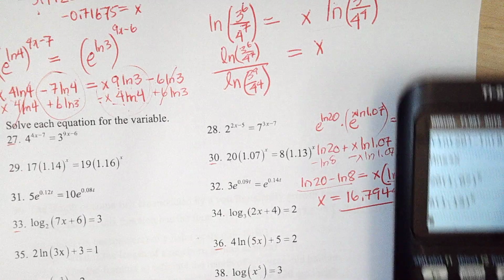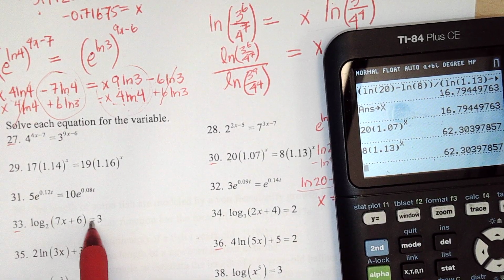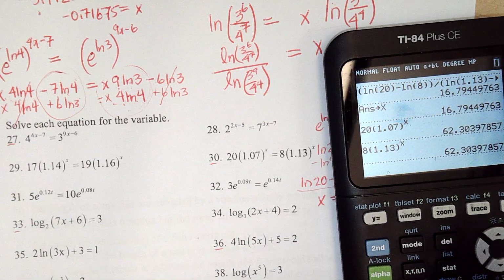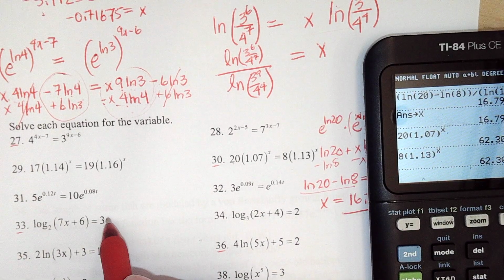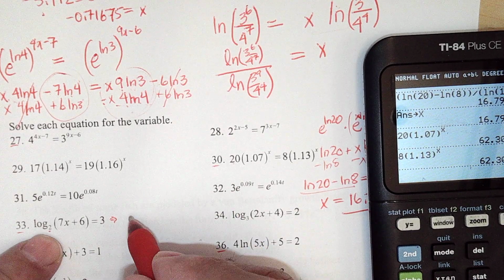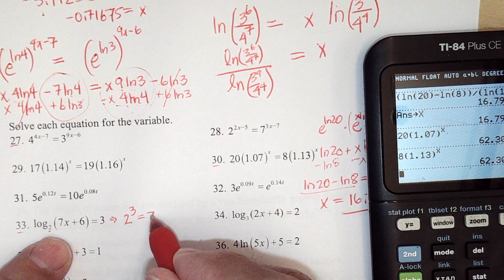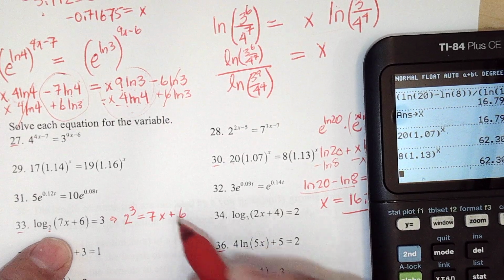next one, 33. Okay, if I don't like the way it looks, we try rule number 1, change it to a power equation. So to what power do I take 2 to get this? I take 2 to this. This is the power, this is the base. 2 is the base, this is the power, equals 7x plus 6.